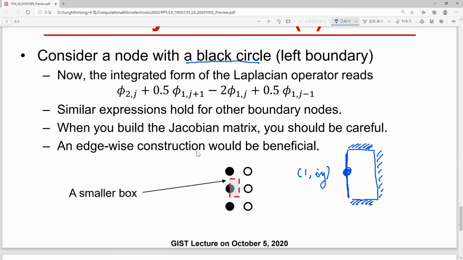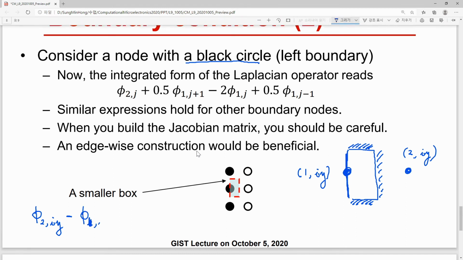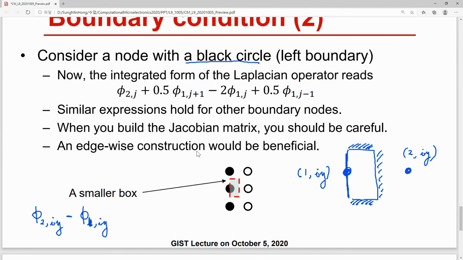So how about this right surface? Here we will have 2 times iy. Everything is just the same as before, so it will contribute, for example, phi 2 comma iy minus just phi 1 comma iy. So that's it for our right surface. But how about this top surface or bottom surface?